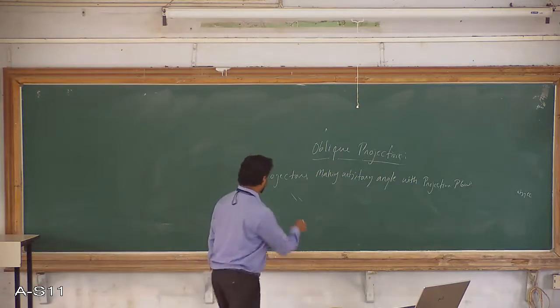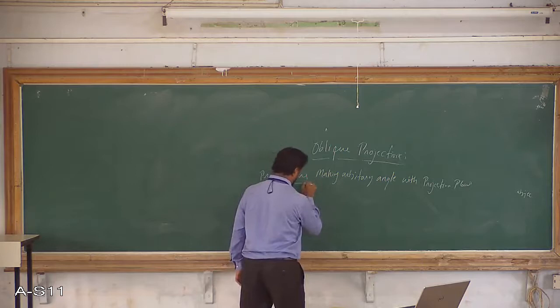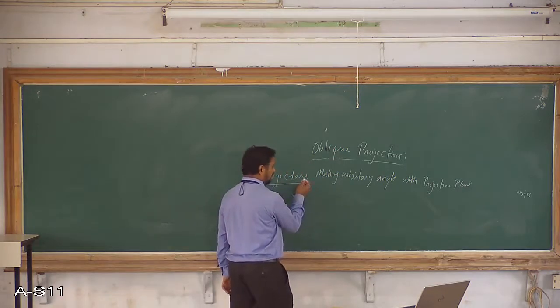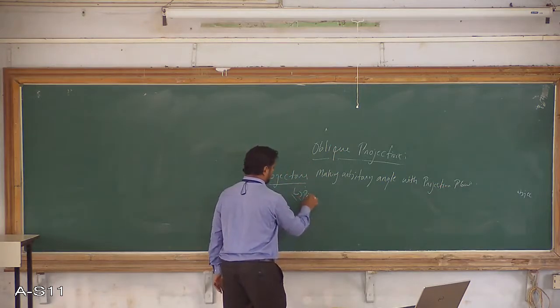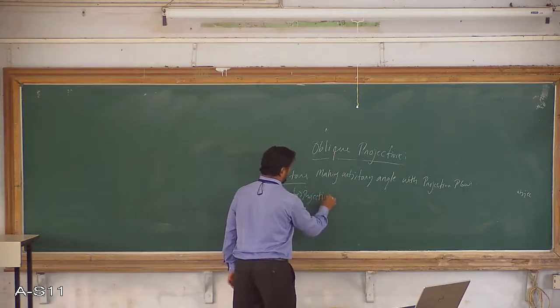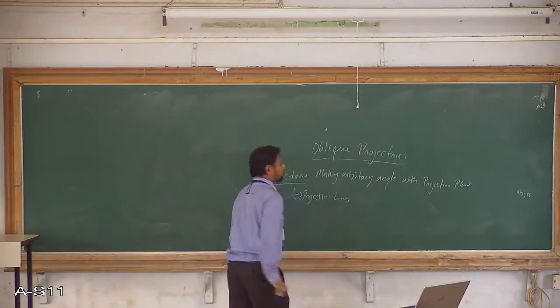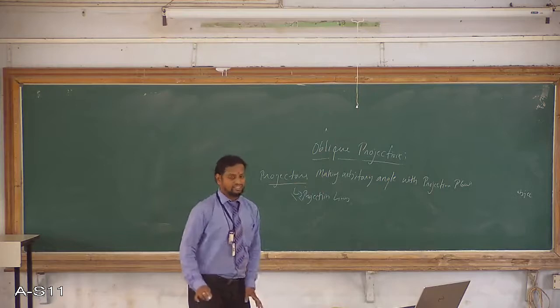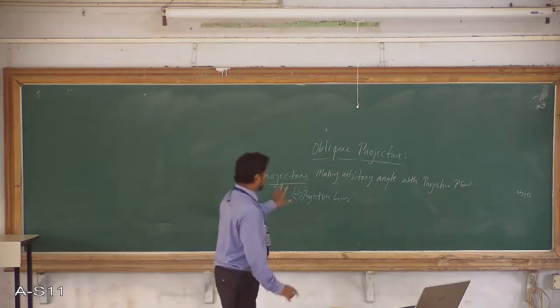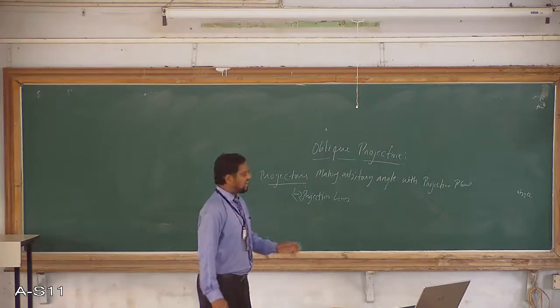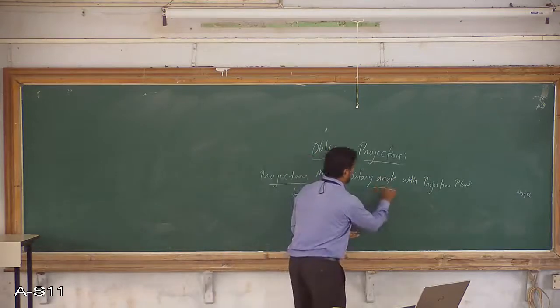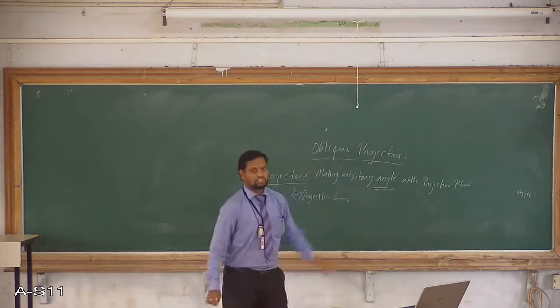These projectors are actually the projection lines. These projection lines make an arbitrary angle with the projection plane. So the projection lines use different angles with respect to the projection plane.